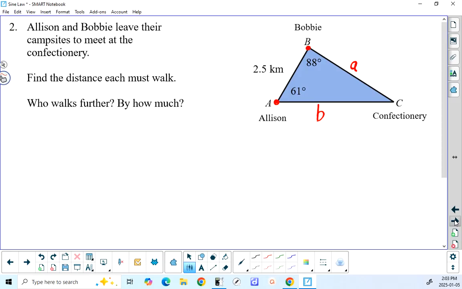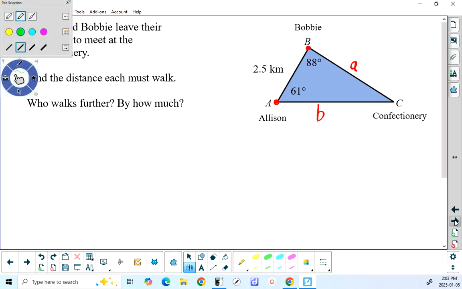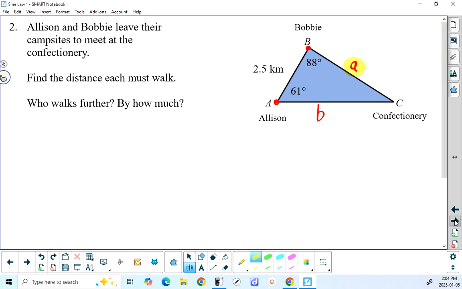And you want to be really careful here. Listen carefully to what I'm about to say. This A that I've written in the diagram, this A is the distance that Bobby walks. Just take a look at the diagram and look at where Bobby starts and look at where the confectionery is.